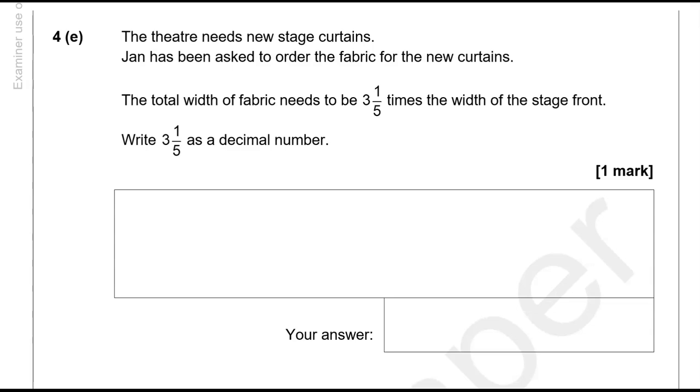So we know that the answer is going to be 3 point something because it is more than 3. 1/5 itself is equal to 0.2, and if you're not sure about that, you can just do 1 divided by 5 in the calculator and it's going to give you 0.2. So 0.2 add 3 is going to give us 3.2, and that is the answer.